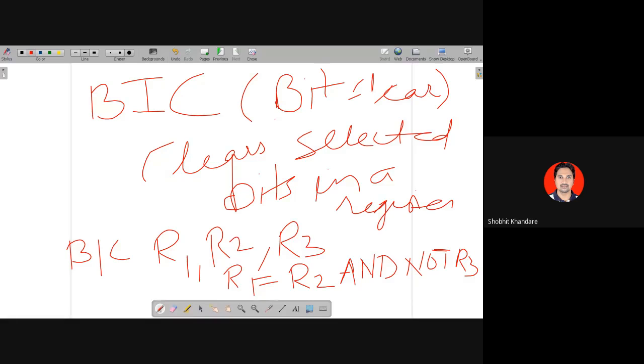Okay, so please write down this: R1 is equal to R2 and not of R3. Bit clear. If I want to clear selected bits, what do I have to do? I have to do the R2 and not R3 operation.